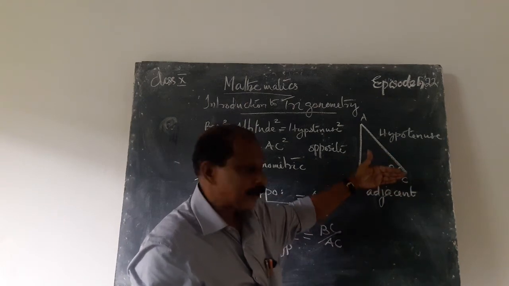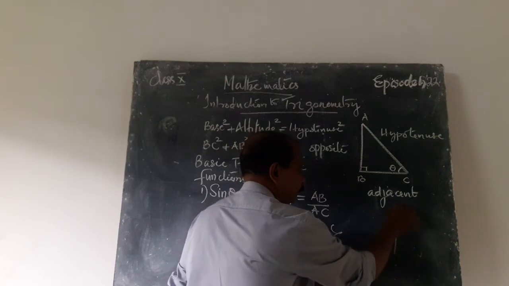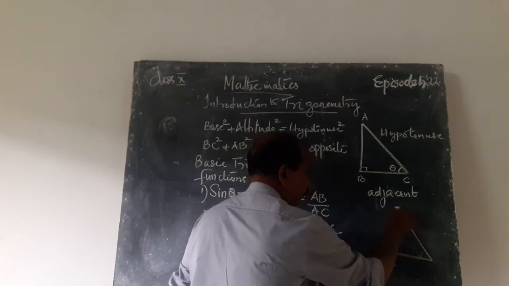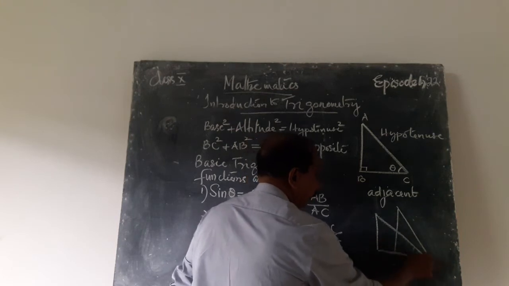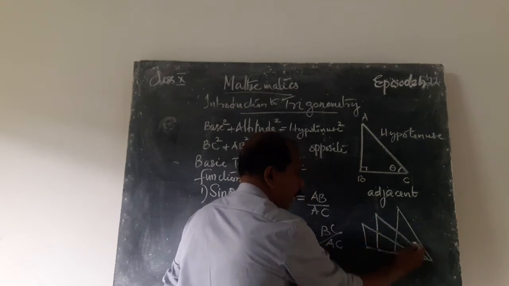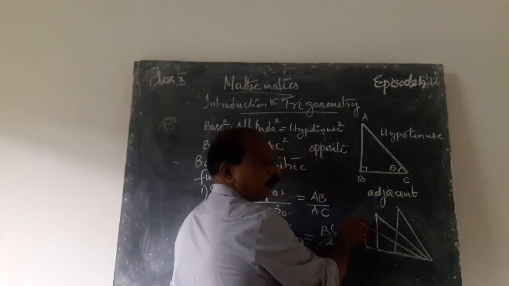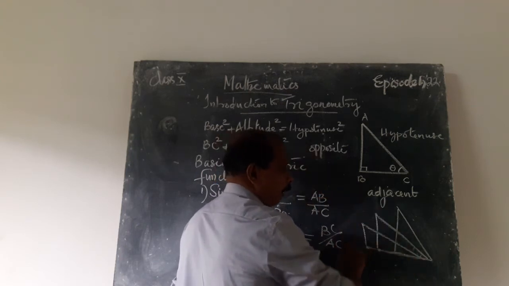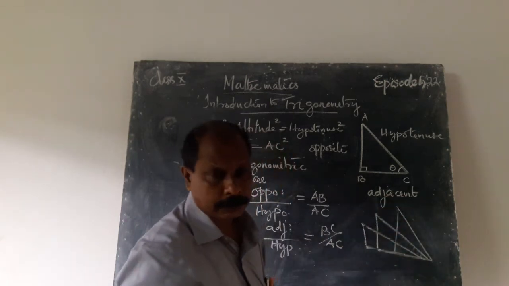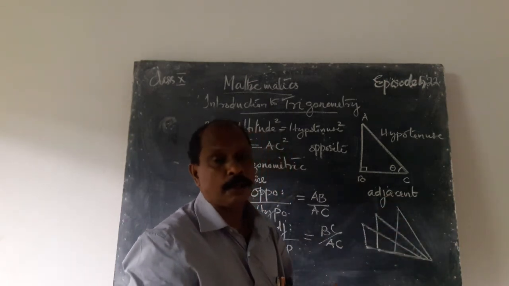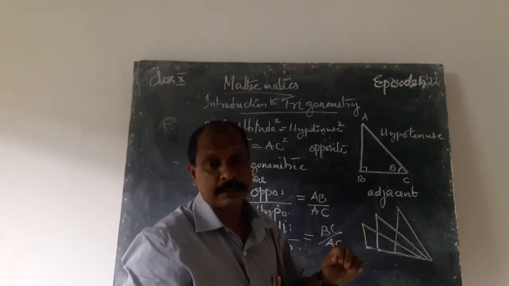When the angle decreases, the adjacent side increases and the opposite side decreases. That means the inclination of the hypotenuse is based on the opposite side and adjacent side.